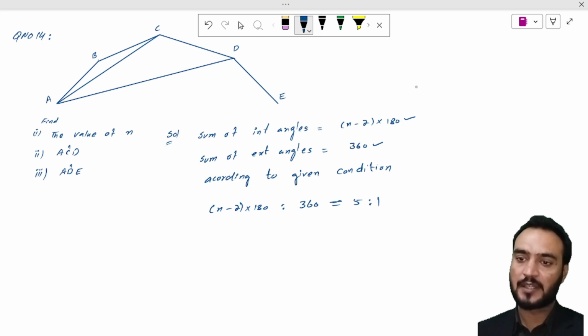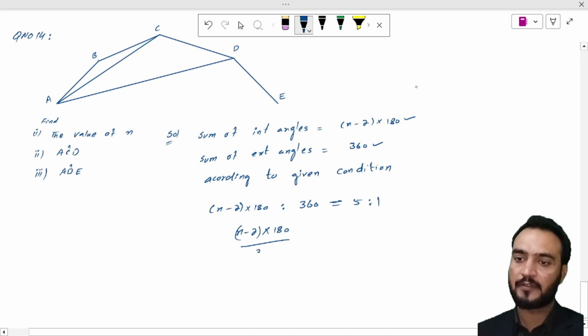Now we solve this ratio and proportion. The ratio is converted into fraction: n minus 2 times 180 divided by 360 equals 5 divided by 1.